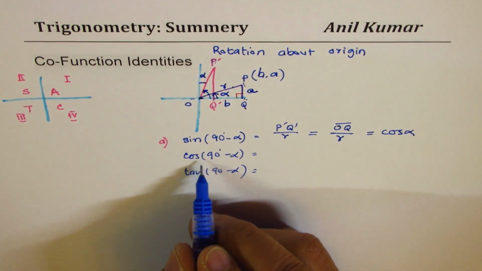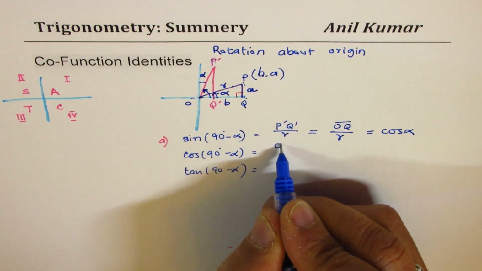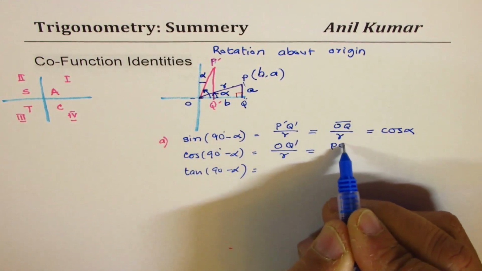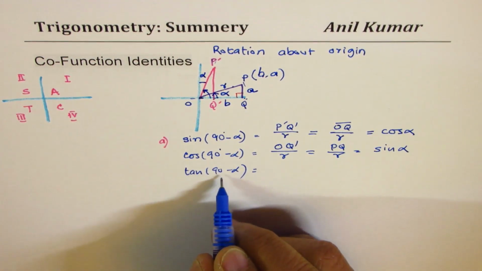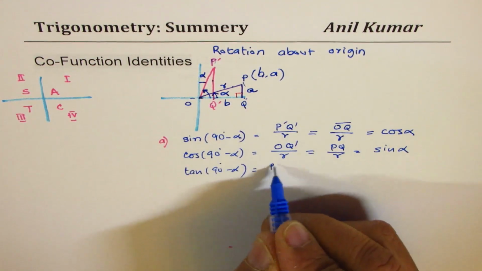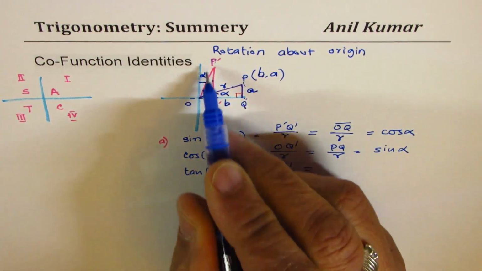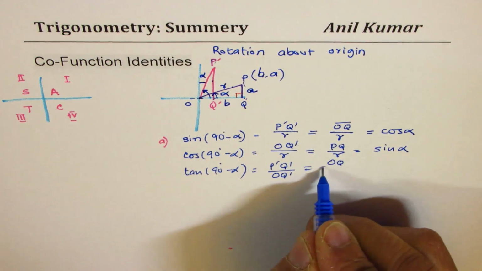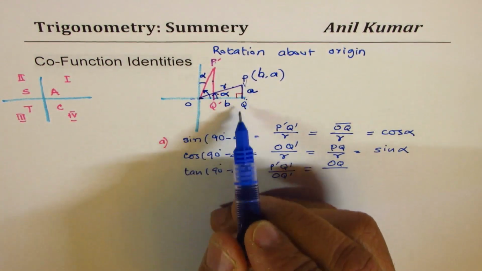Now let's do the same thing for cos 90 minus alpha. It is equal to OQ dash over R, which is the same as PQ over R, which is sine alpha. Perfect. And for tan of 90 degrees minus alpha, it will be opposite side over adjacent, P dash Q dash over OQ dash. Now P dash Q dash is OQ in the original diagram, and OQ dash is PQ.